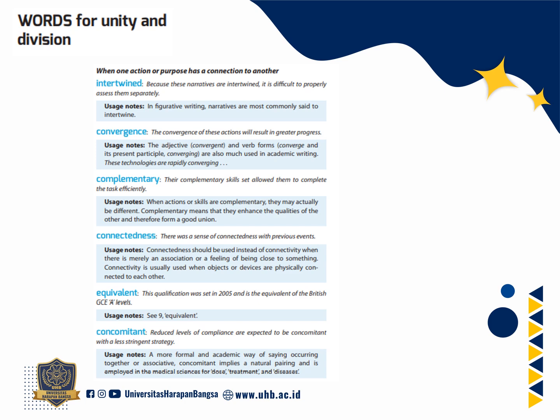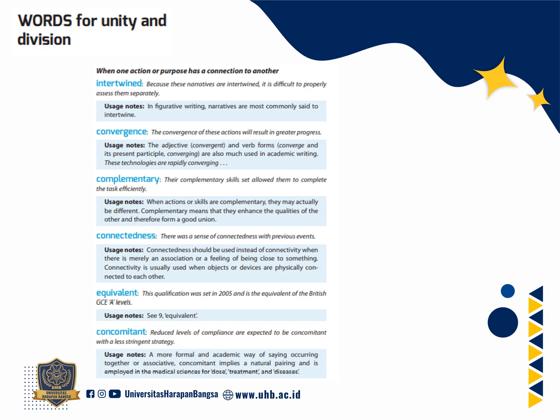And then complementary. When actions or skills are complementary, they may actually be different. Complementary means that they enhance the qualities of the other and therefore form a good union.